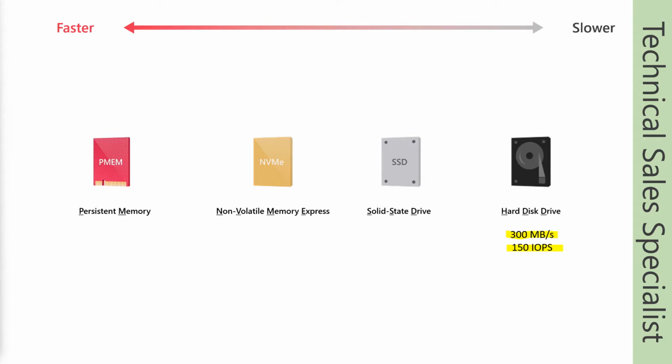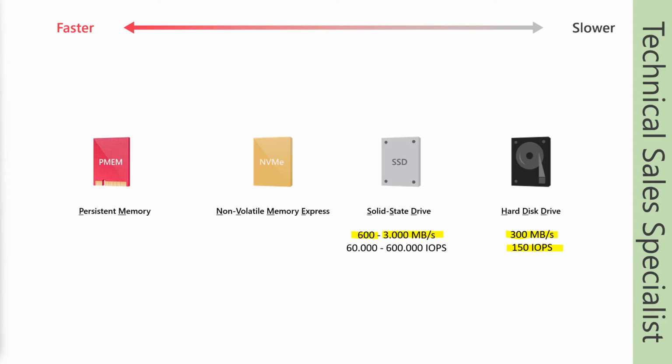It's not so powerful for random workload. Let's compare it to a solid state drive. In solid state drive, we have a better throughput. Depending if it's serial ATA or SAS, we have 600 megabytes to 3 gigabytes throughputs.